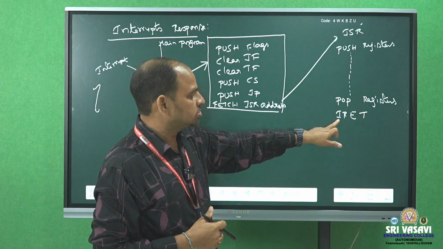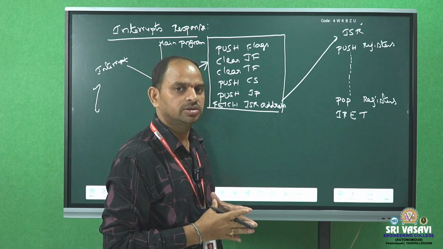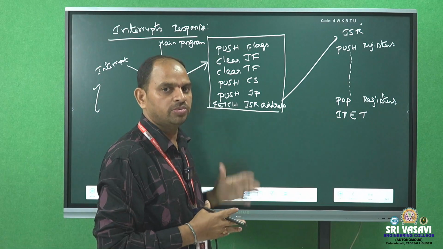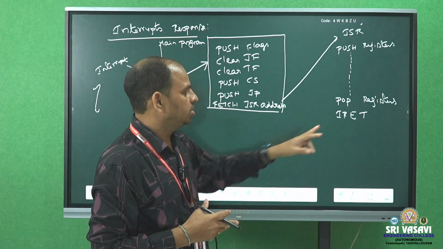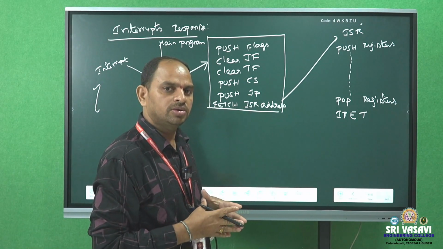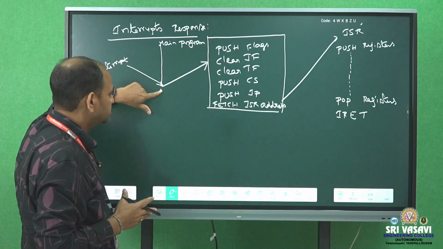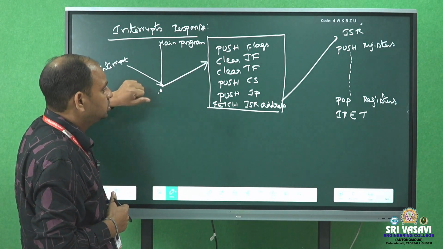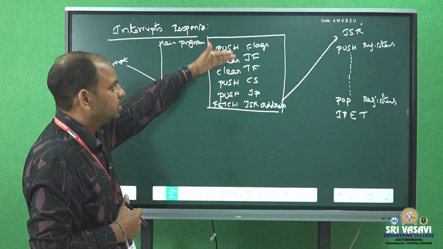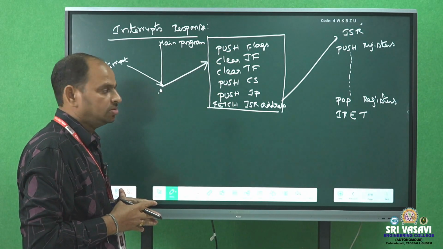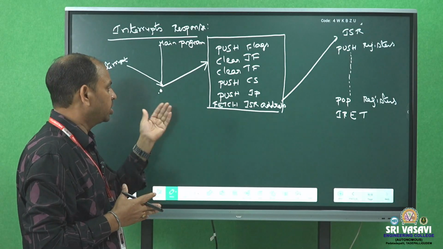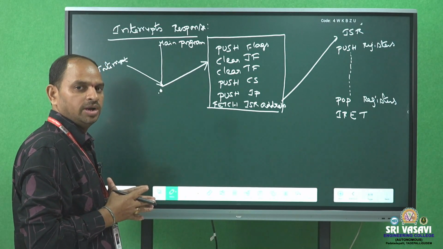Once the microprocessor executes this instruction, it knows that it is the end of the ISR and that it has to go back to the main program. The address of the next instruction in the main program was already saved in the stack, so we have to pop this address so that the microprocessor comes back to the main program.